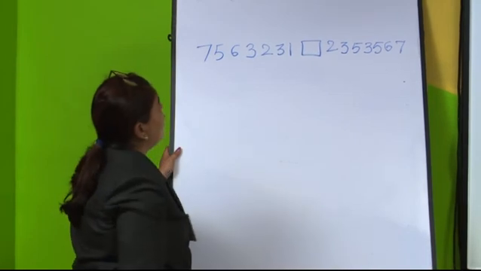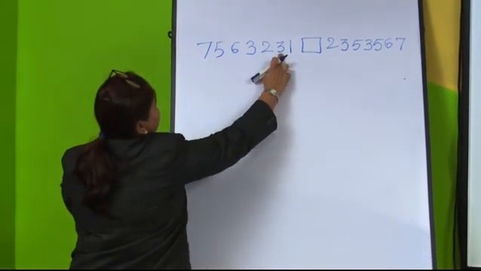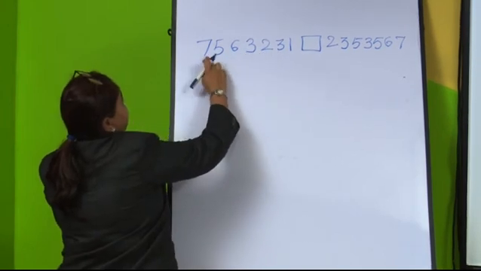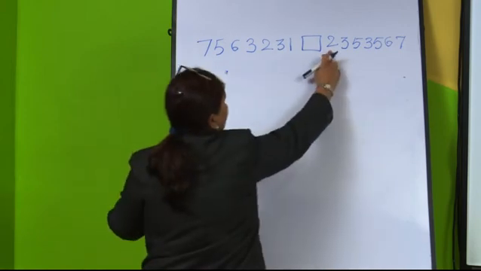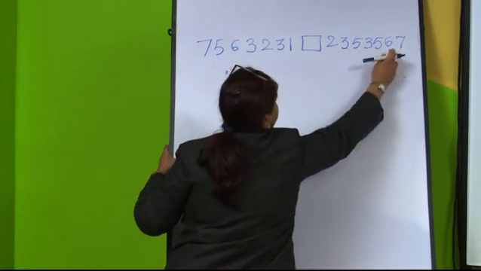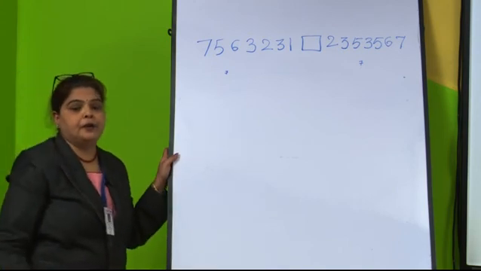Now I have to compare. First I will count the number of digits. 1, 2, 3, 4, 5, 6 and 7, I have a 7 digit number. Here also 1, 2, 3, 4, 5, 6 and 7. Both are 7 digit numbers.